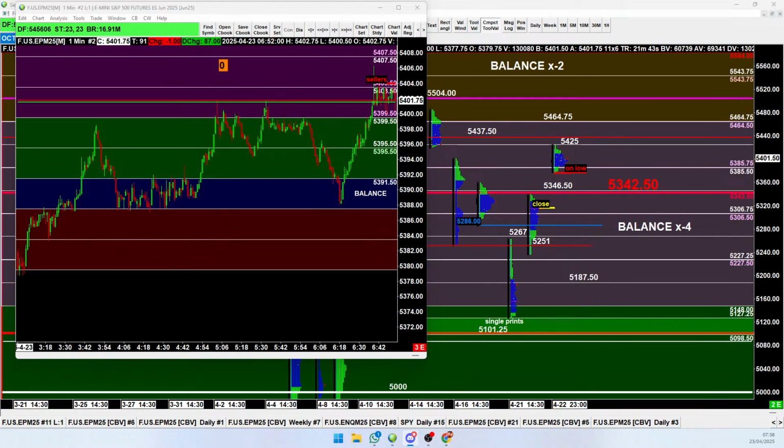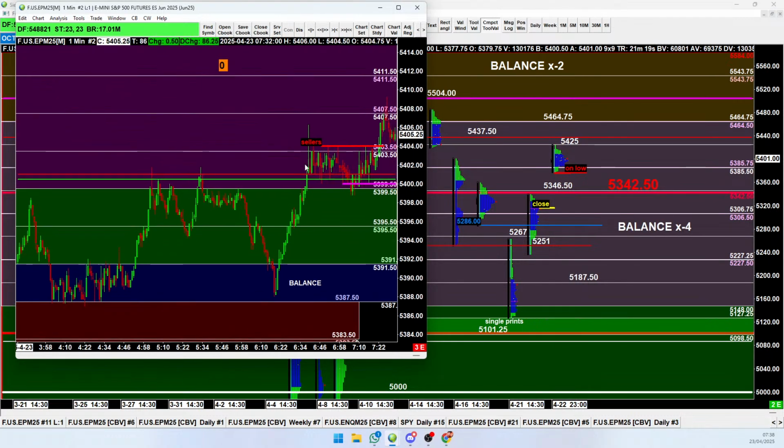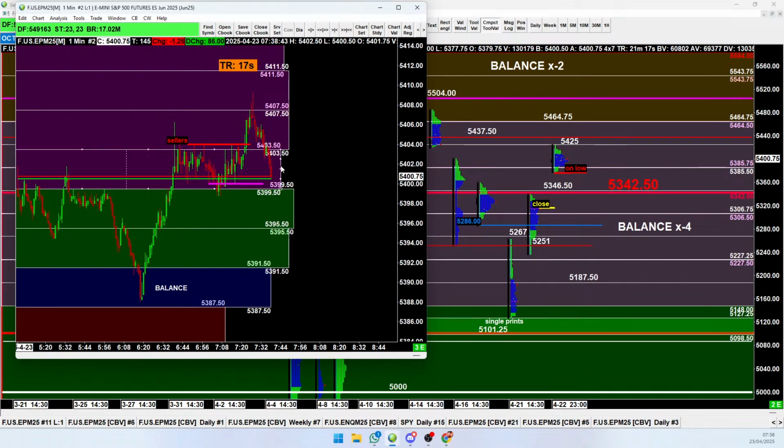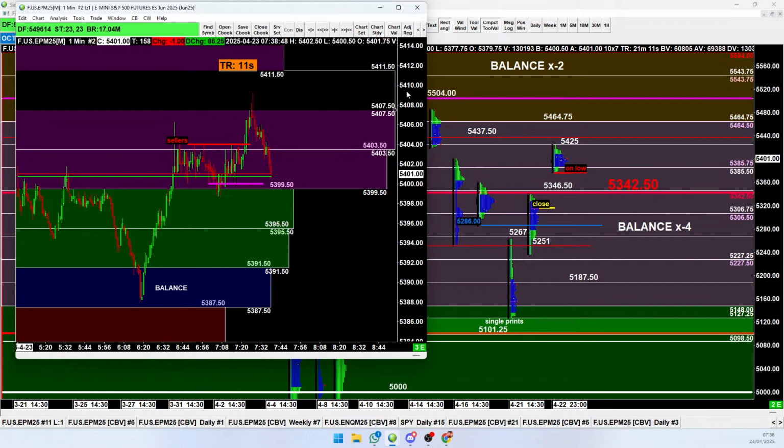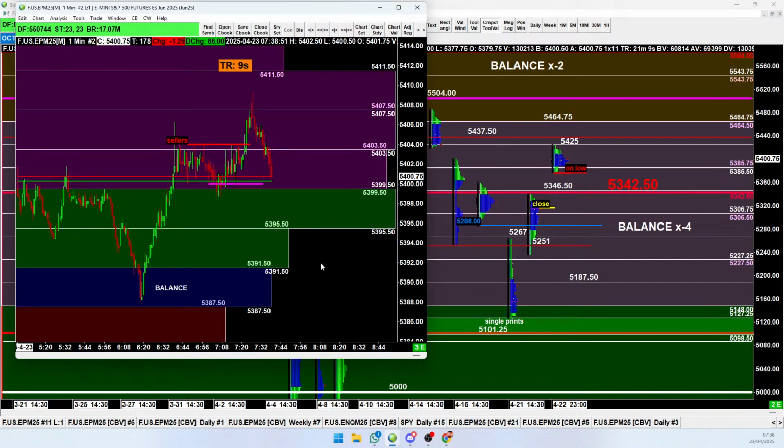That's the concept of rotation. If you learn how to trade this, and this is what I teach, how to trade these rotations, you can build it up and trade longer time frames.